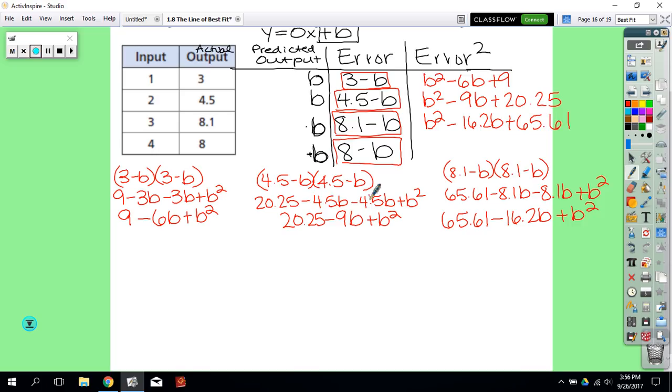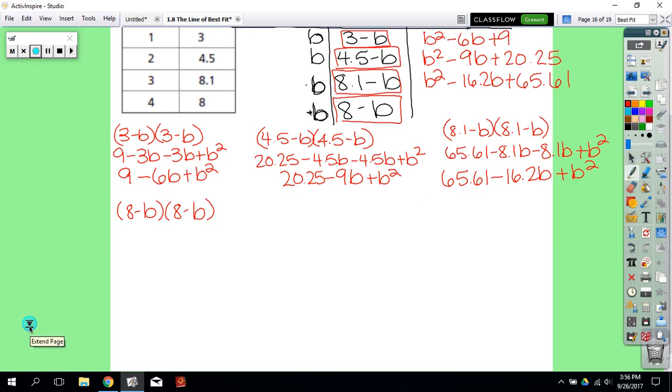Oops, last one is the 8 minus b. Slide this down a little bit for now. Distribute the 8. 8 times 8 is 64. 8 times negative b is negative 8b. Distribute the negative b. Negative b times 8 is negative 8b, and negative b times negative b is positive b squared.